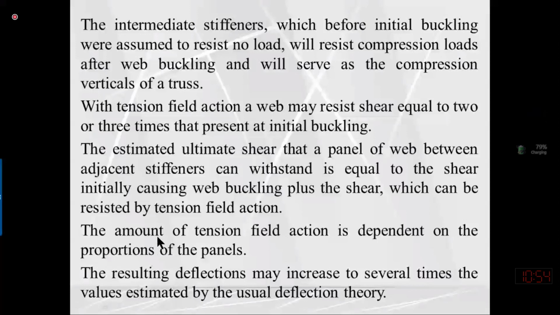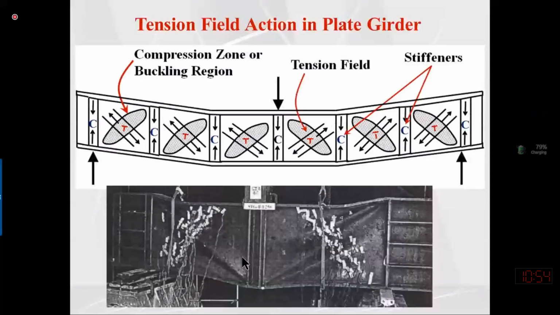The resulting deflection may increase to several times the value estimated by the usual deflection theory. So he is saying that when we improve the shear capacity by tension field action, which is only available when the web buckles, it means the web undergoes large vertical deflection.